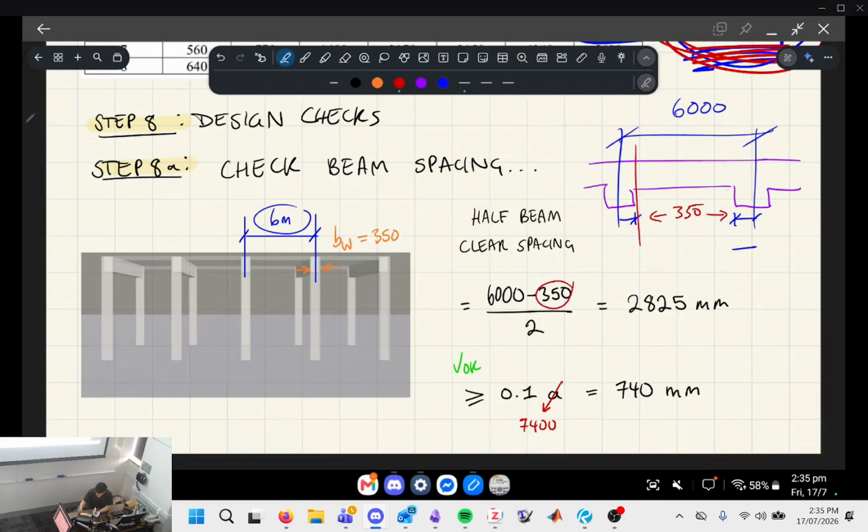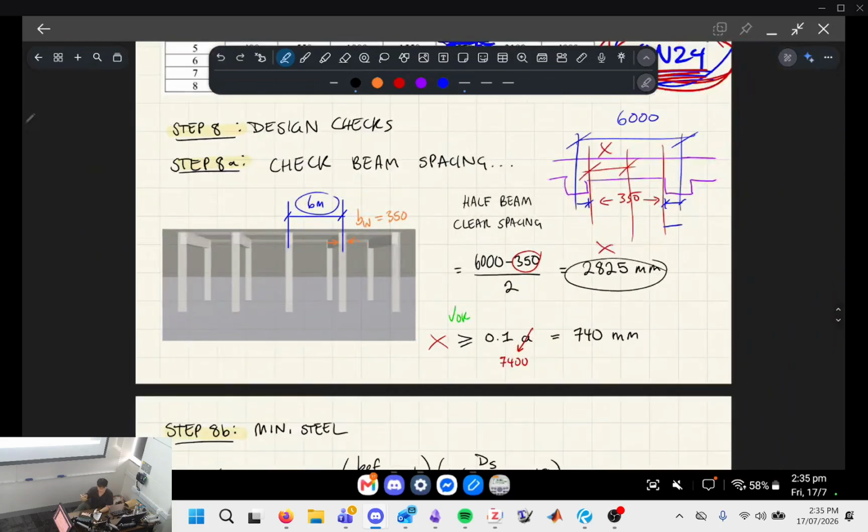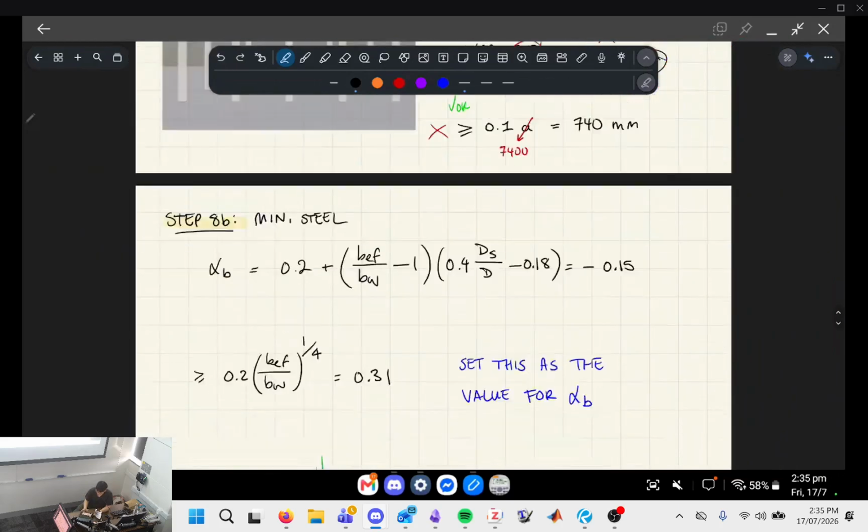So that's the clear spacing here. We divide that by 2, and let's just call it x. We want to make sure that x is greater than 10% of your flexural span. So it basically is, because this number is bigger than this number. So that's the clear beam spacing check.